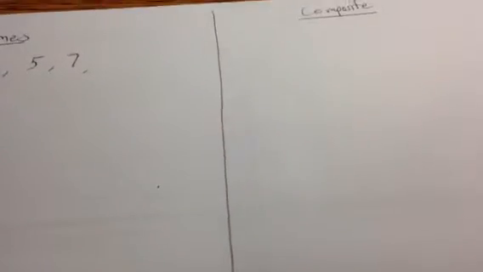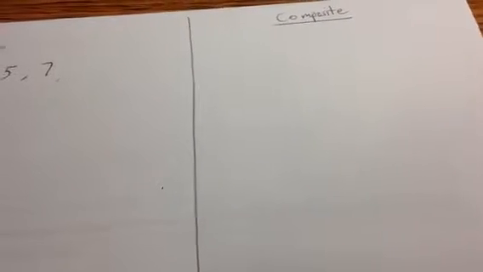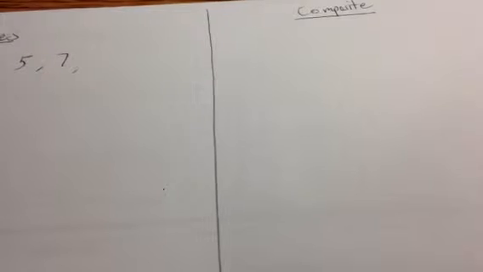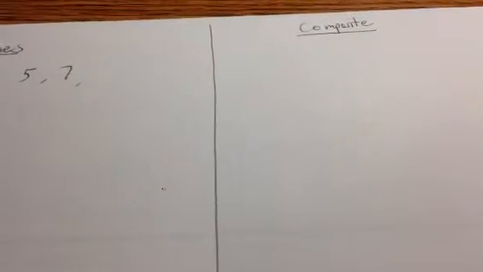And you may be wondering what a composite number is. A composite number is basically the exact opposite of a prime. A prime number can only be divided by 1 and itself, but a composite number can be divided and made up of different prime numbers. So what do I mean by that?